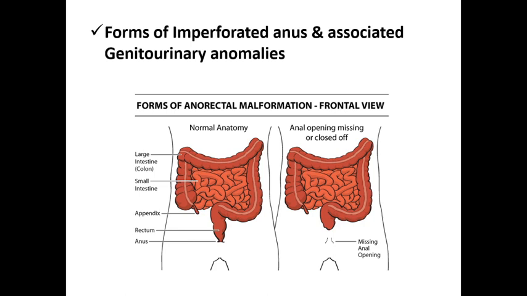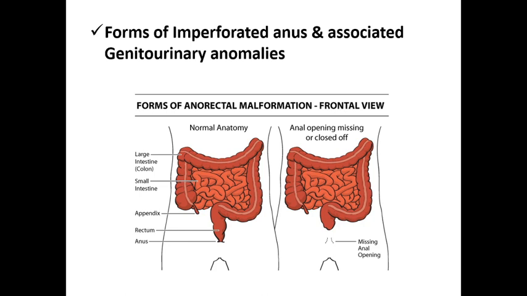But in some cases there may be no anal opening, and at the same time there will be abnormal connections between the rectum and the anal canal with the organs in front, that is with the bladder and with the uterus. So when there are abnormal openings between the rectum and the anal canal with the organs in front, we call them fistulas.